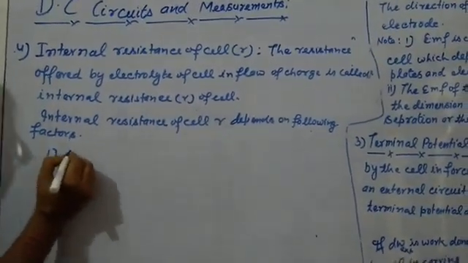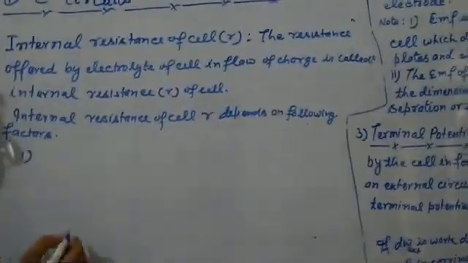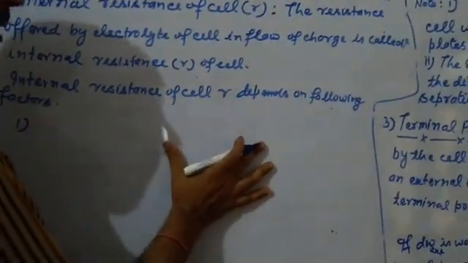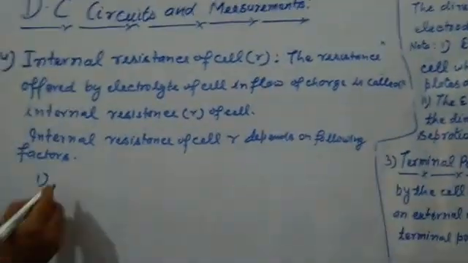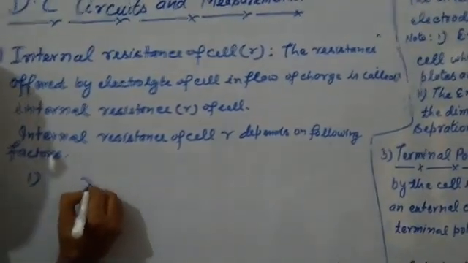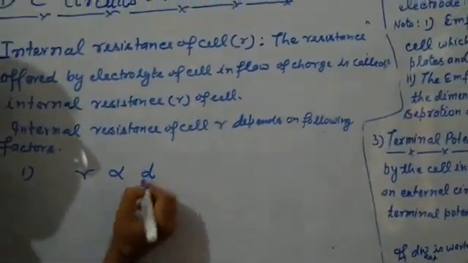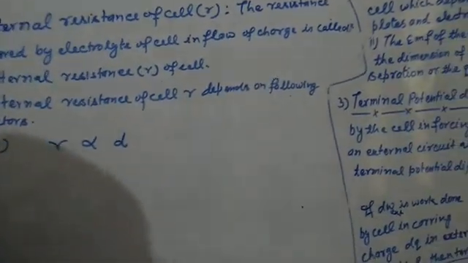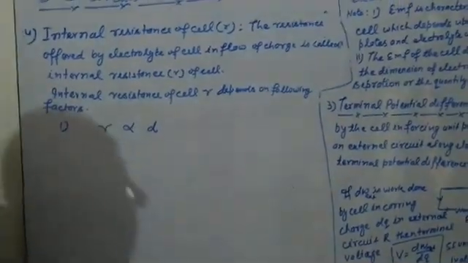First, it is directly proportional to the distance between the plates, means the distance between the electrodes: as the distance between the electrodes increases, internal resistance also increases.